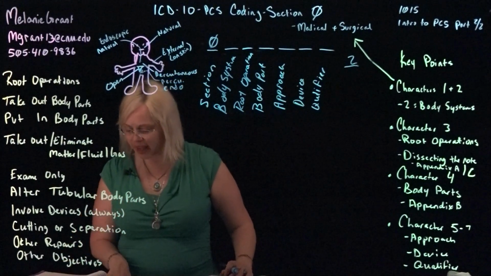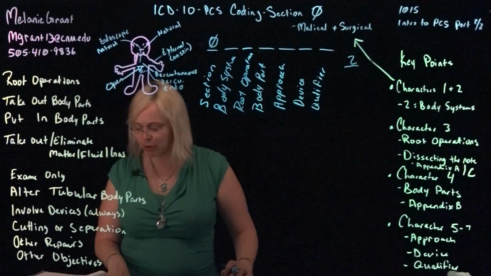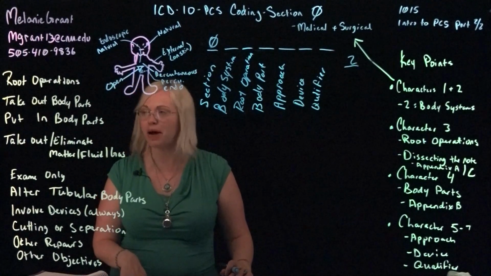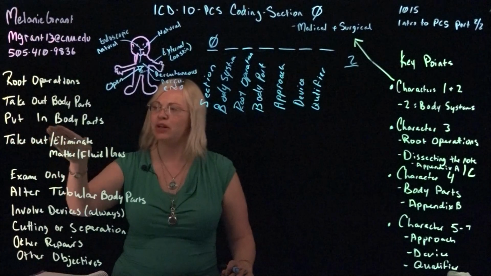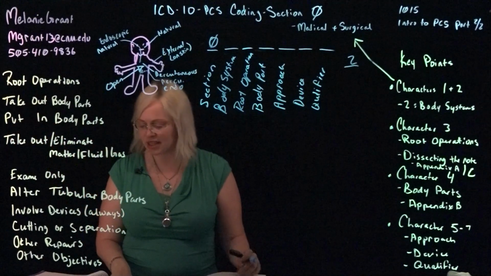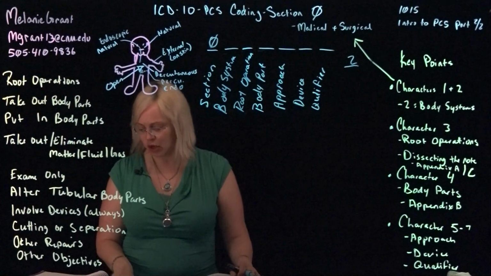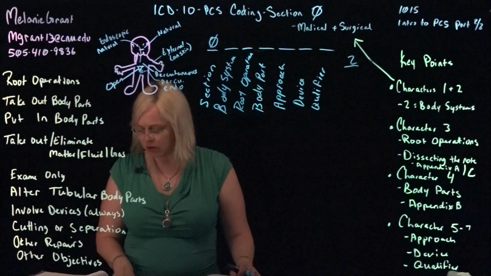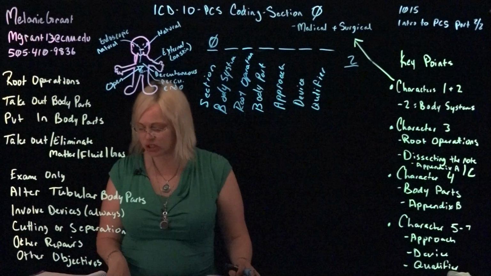The next group that we have are procedures that put in, put back, or move some or all of a body part. And that's this one here, putting in body parts. These include things such as reattachment as opposed to detachment, repositioning, transferring, and transplantation.